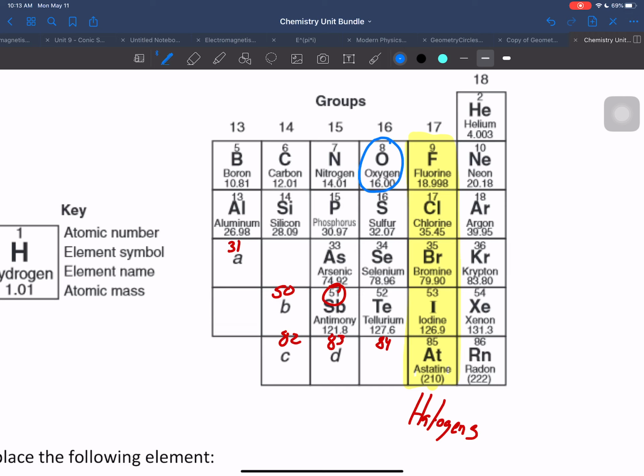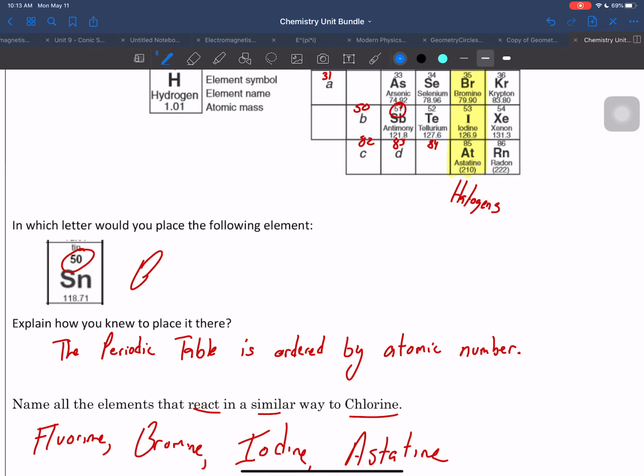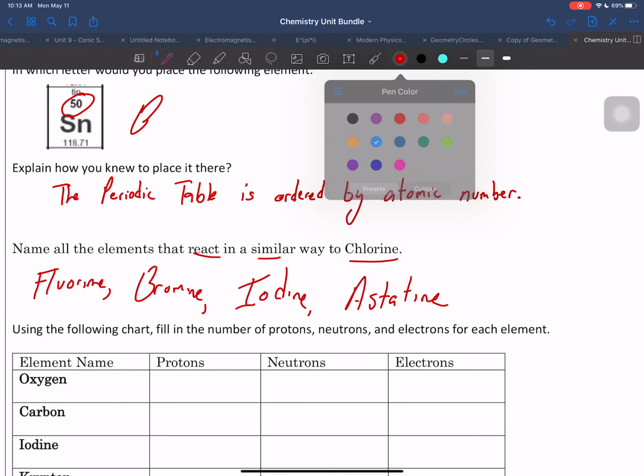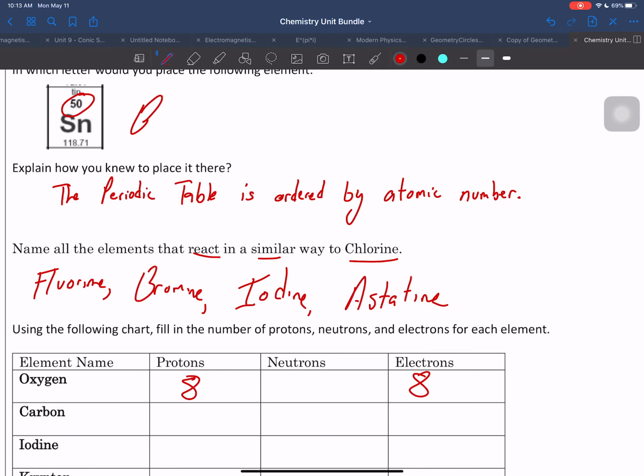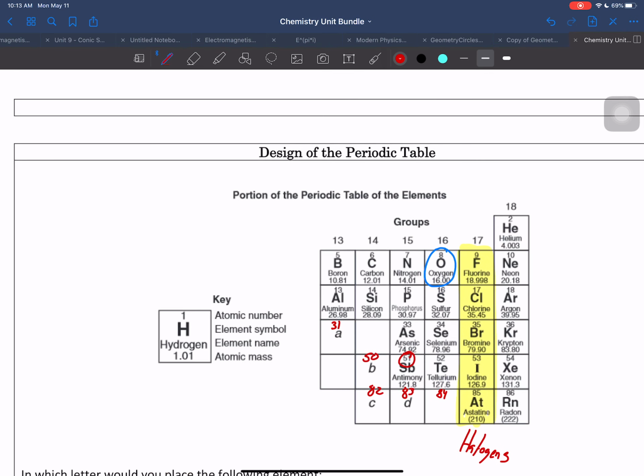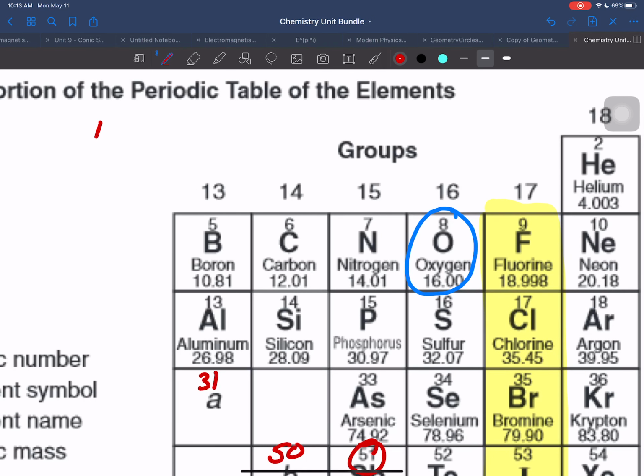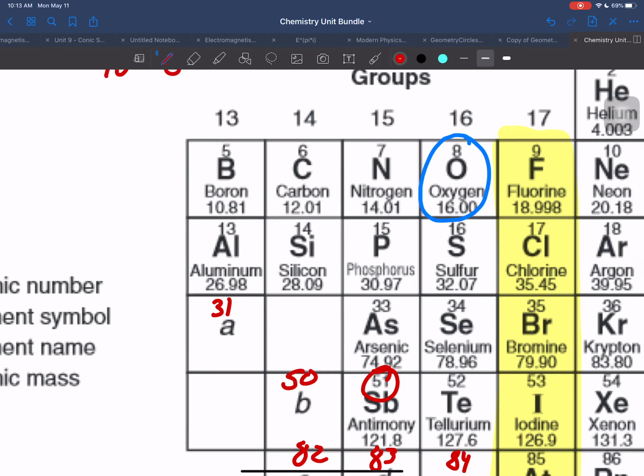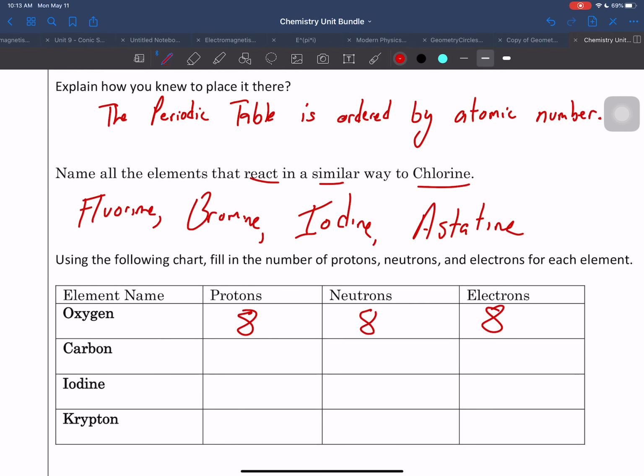It's 8, so that means 8 protons, 8 electrons. And then for neutrons, you're going to want to round the atomic mass. This one is 16.0. Round it to the nearest whole number, which it's already rounded. Subtract the amount of protons, and that's how many neutrons you're going to have.